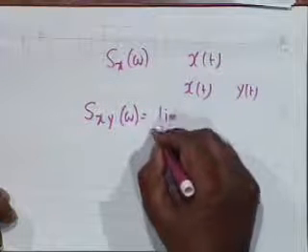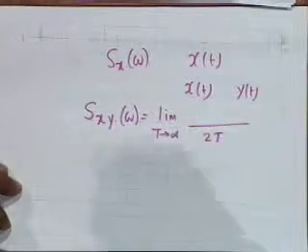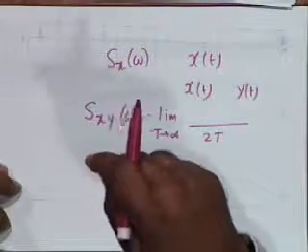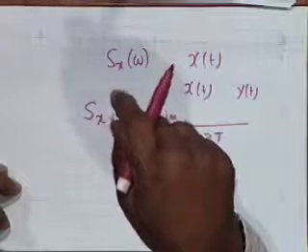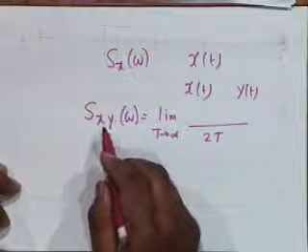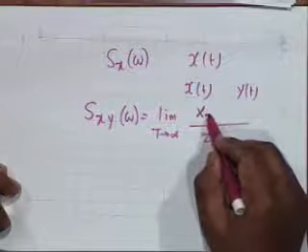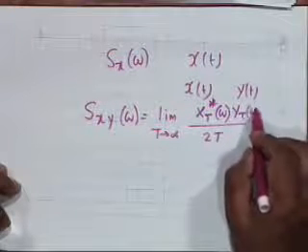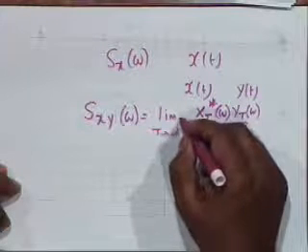It's an expected value, limit t tends to infinity, 1 over 2T, then instead of the mod squared of XT of omega, it is the product of XT and YT, but one of them is complex conjugate. And the convention is that the first random process is the one whose complex conjugate is taken, that is XT star of omega multiplied by YT of omega. Expectation.